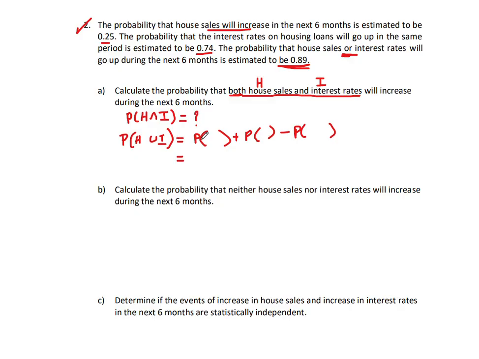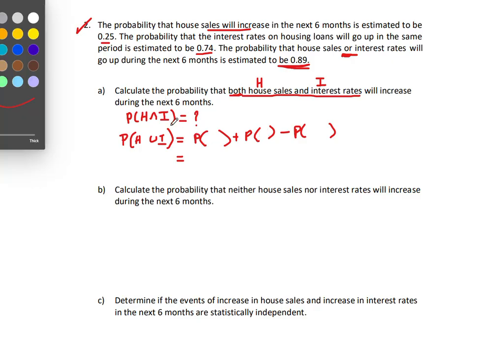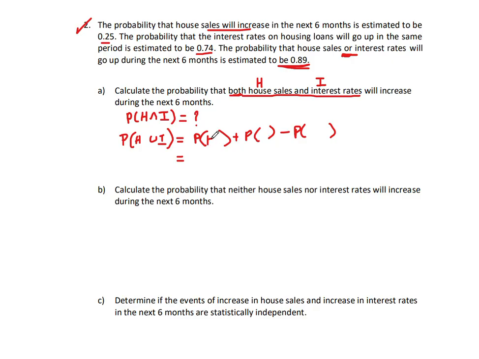So H union I is going to be the probability of H plus the probability of I in any order. It doesn't affect your answer. Take away the probability of H and I.